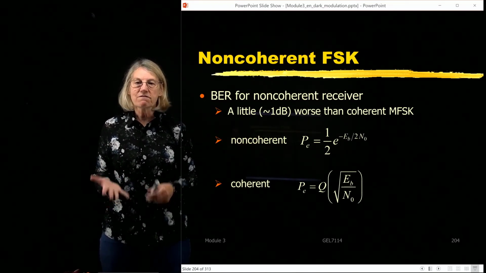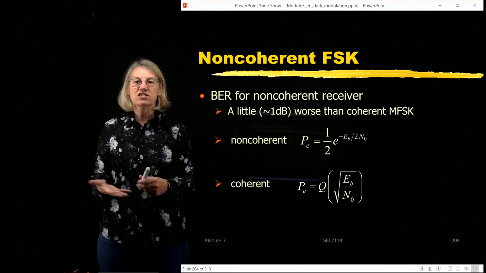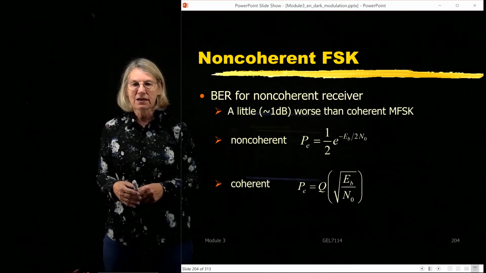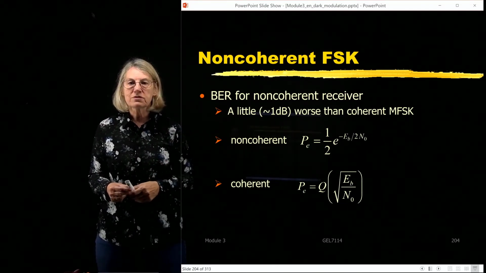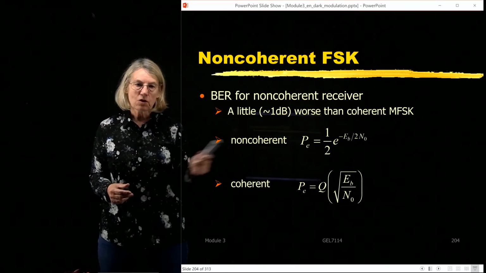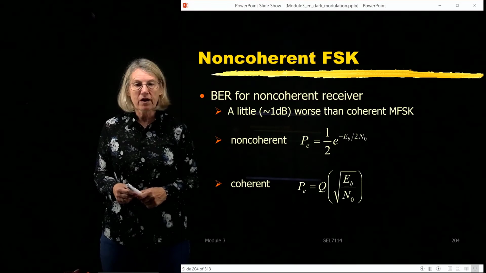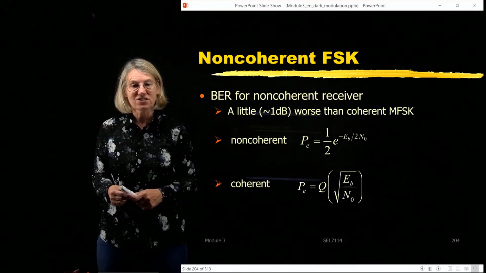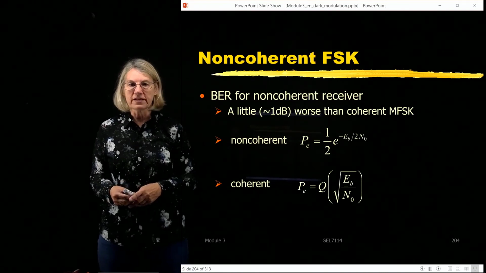So 1 dB is a very, very reasonable compromise in terms of the required signal quality to achieve a given probability of error, if I can completely avoid the use of a phase lock loop. So this compromise is one that's often used, and it's very rare that we're going to see coherent FSK. It's just not worth all the complexity in order to get 1 dB better performance.